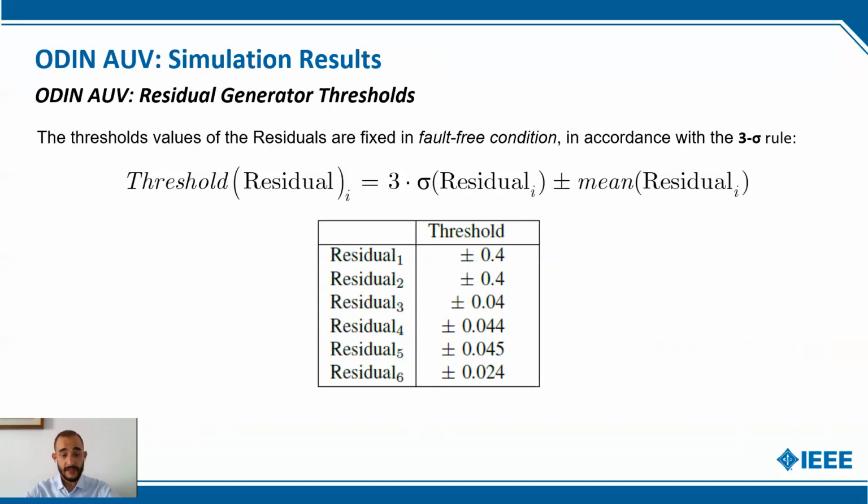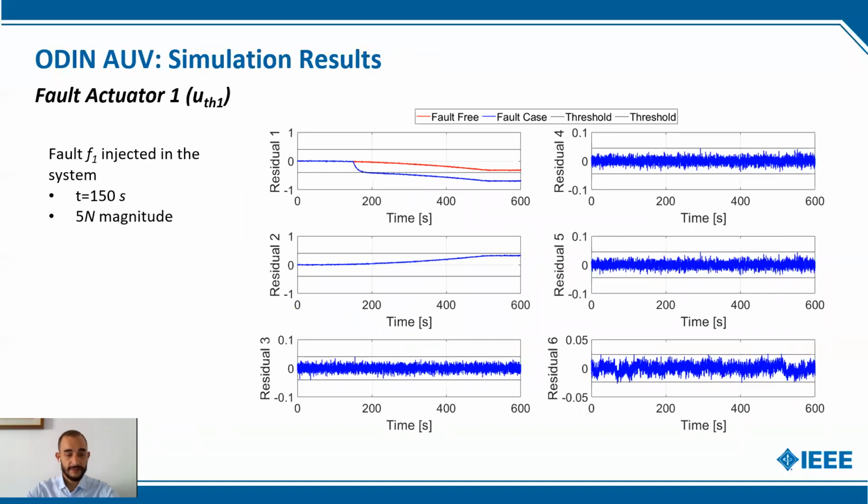For a better understanding of the results, we recall that the red lines refer to the residual response in the fault-free case. The blue ones are the responses of the residual in the faulty case, and the black lines are the threshold. For time reasons, only 3 fault scenarios will be presented. The first scenario is a fault on the first actuator.